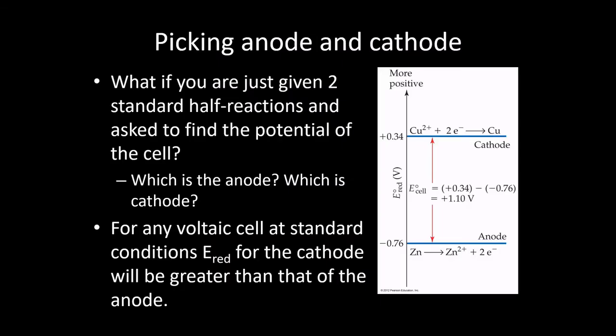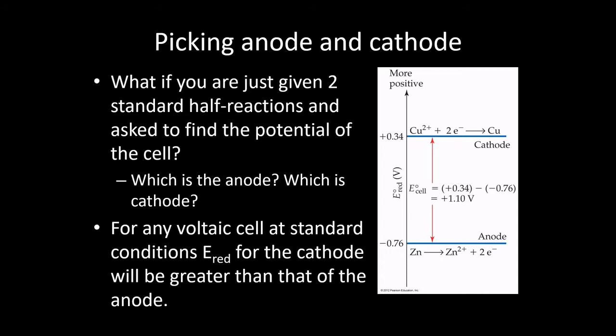Alright, so if we're given an option, if we're just told, here are 2 different half reactions, which one would you pick to be your oxidation and which one would you pick to be your reduction? Given that your goal is for the reaction to be spontaneous, you should always be picking your anode to be lower on the table. You want your anode lower and your cathode higher on the table.